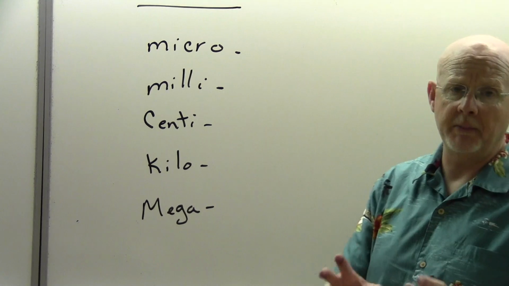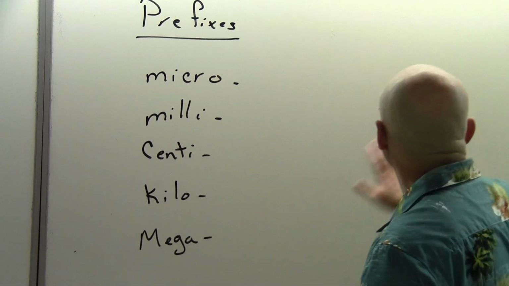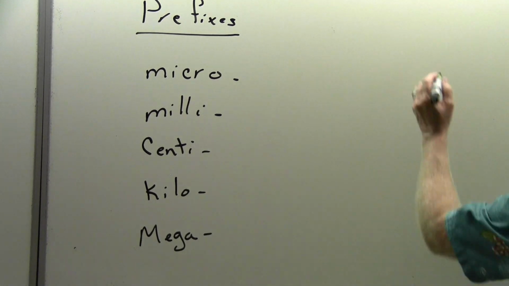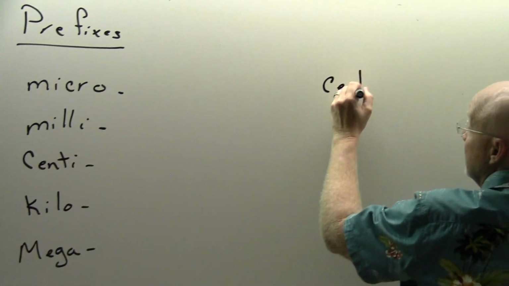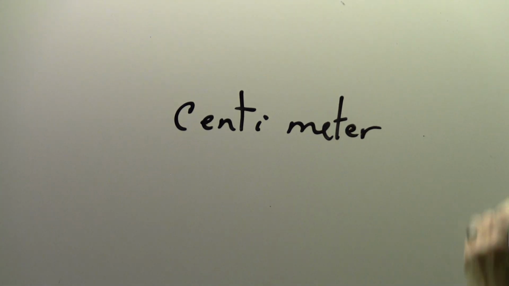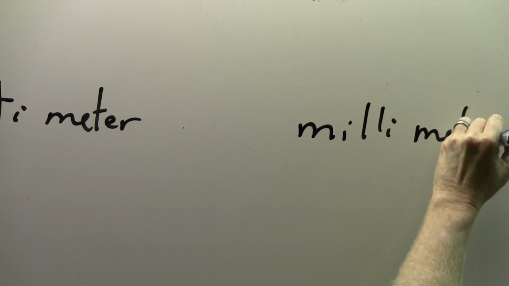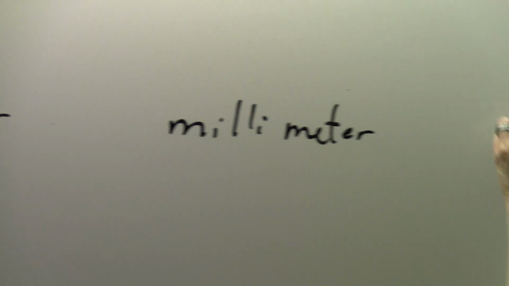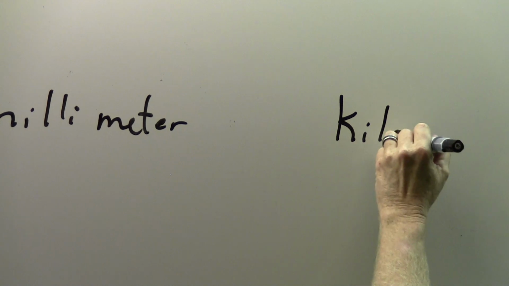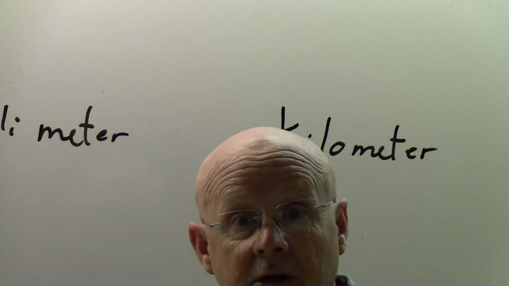And here's why we call them prefixes. Because I think you've seen, how about this word before? If I put this word on the board here, centimeter, or millimeter, or kilometer, usually pronounced kilometer in this country.